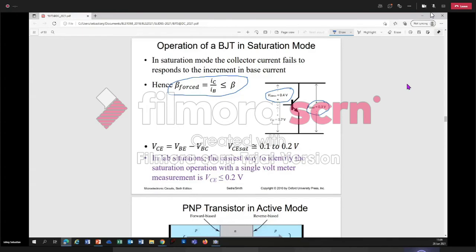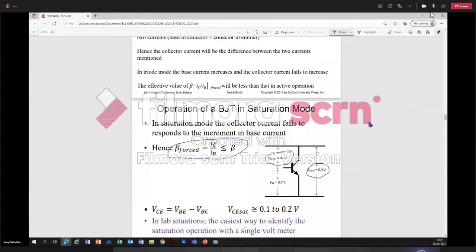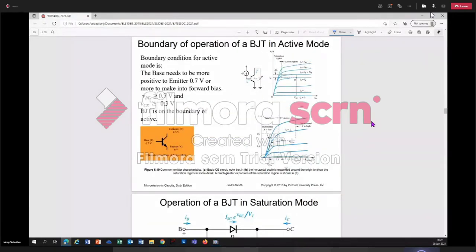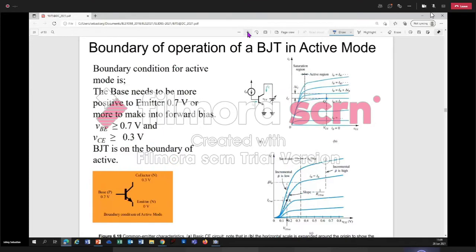I have added this particular diagram into the slide to illustrate this property, and you may experience some kind of a problem there if you really want to understand. Look, 0 is the origin, x-axis is collector emitter voltage, and the same diagram is magnified in the second one.